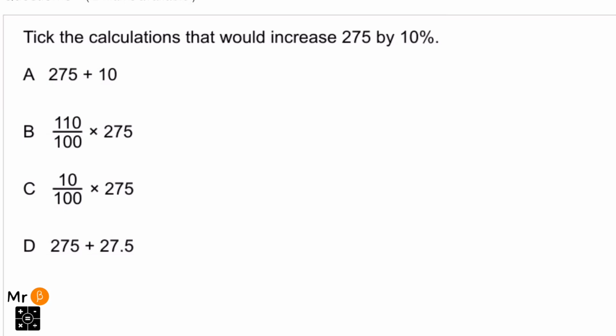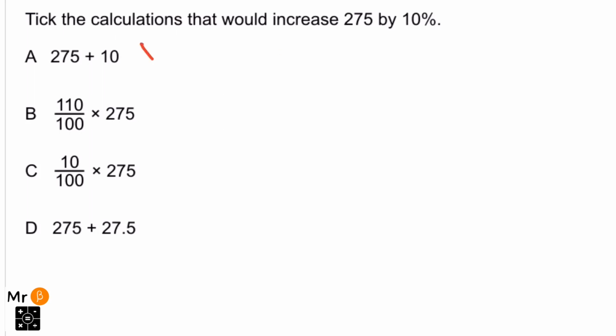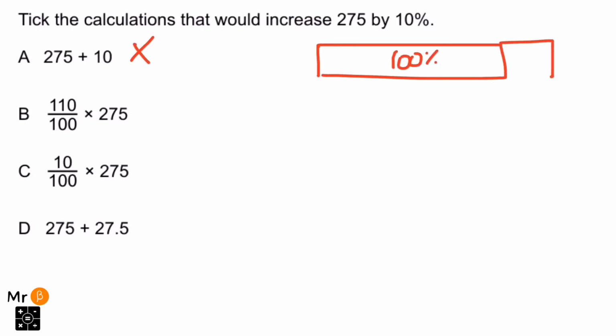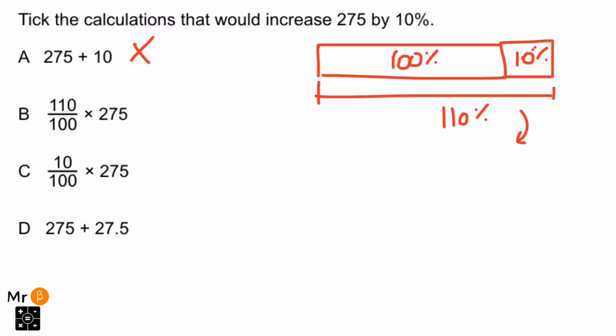So here, tick the calculations that would increase 275 by 10%. So looking at part A, they've just added 10 on, but that isn't how you increase by a percentage. So this one we know is incorrect. Part B, again if we have a look at that method which we've been using, we've got our 100%, we're increasing, so we're adding on this extra 10%, so in total we've got 110%, which as a decimal is 1.10, or as a fraction is 110 over 100, because we took that 110 and we've divided it by 100.